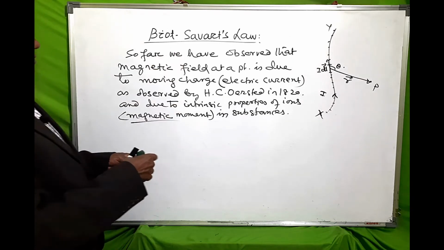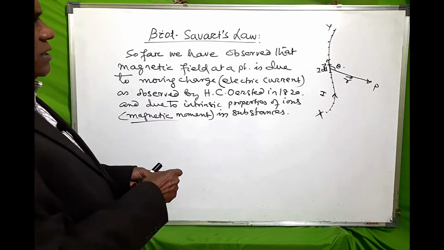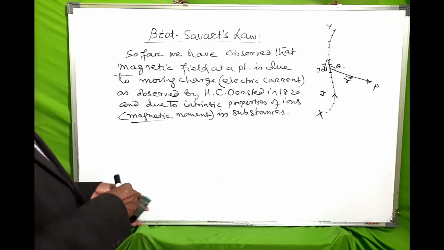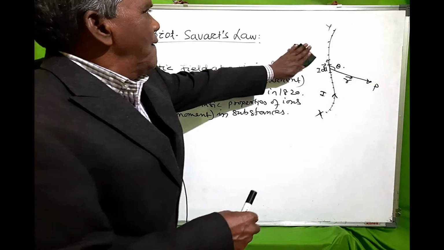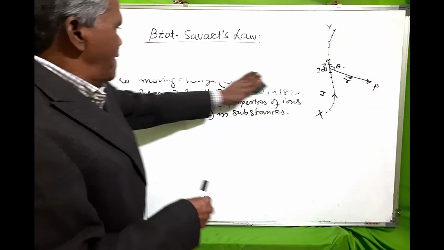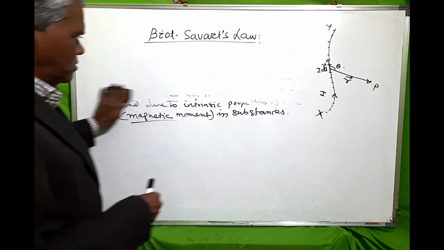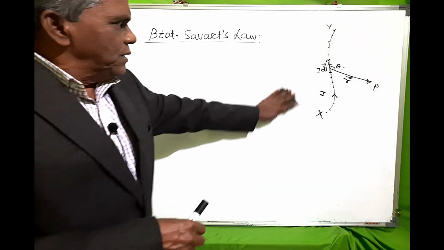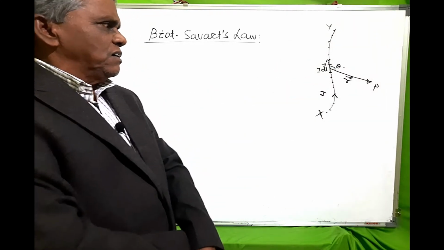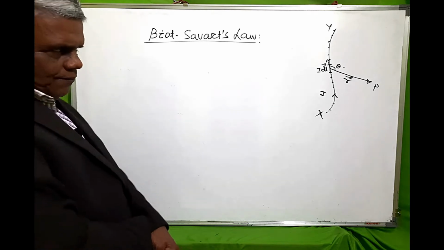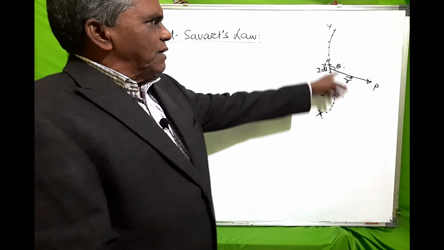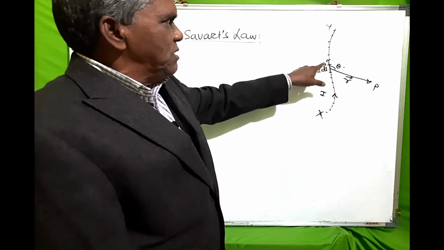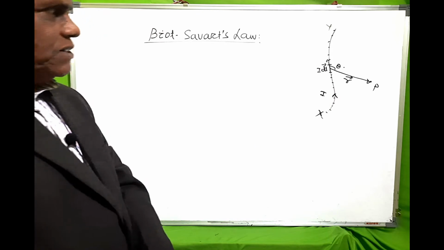In this Biot-Savart law, we will discuss the contribution of magnetic field at a point due to a current element. Suppose this is a conductor XY, an arbitrary conductor XY. There is some steady current flowing from X to Y. Then this length of conductor can be divided into small elements of dl each, an infinite number of small elements.